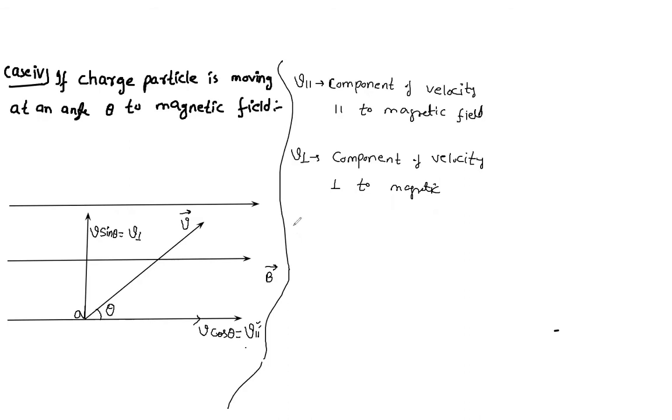Let's first decide the path of the charged particle due to V perpendicular. Do you remember what the path should be due to the component of velocity perpendicular to the magnetic field? Yes, it would be circular.